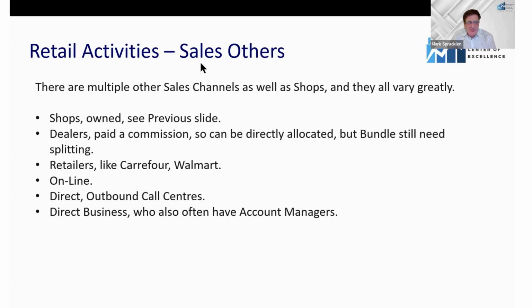And then the retail sales, there are many others as well. I mean, shops is just the first one. Then you've got dealers who are paid a commission, which is a cost of sale. And then you've got retailers like Carrefour and Walmart, and online and direct business who have their own account managers.